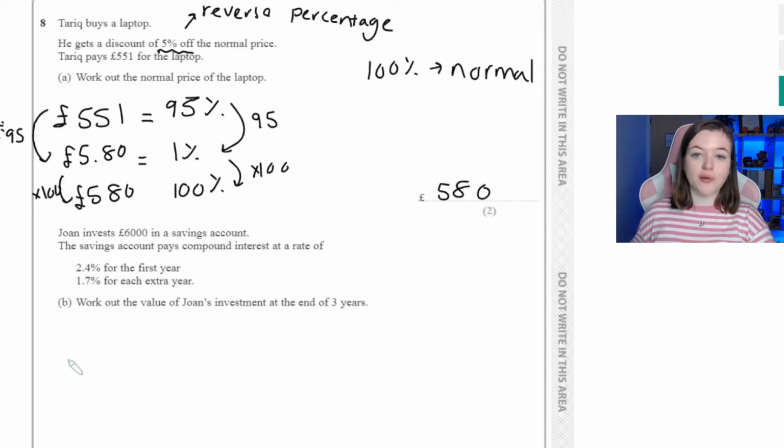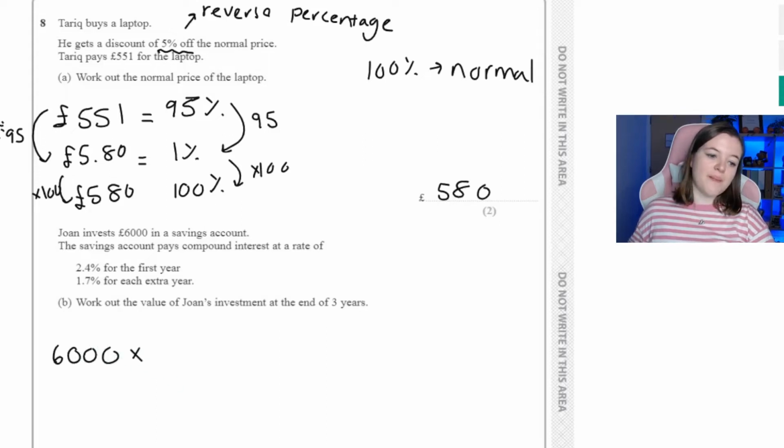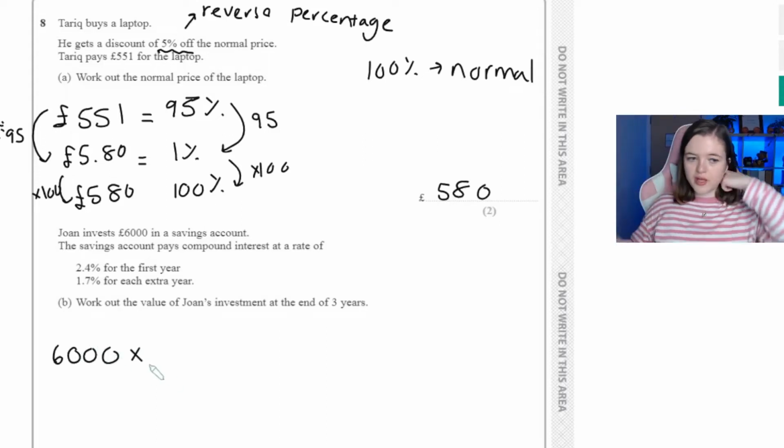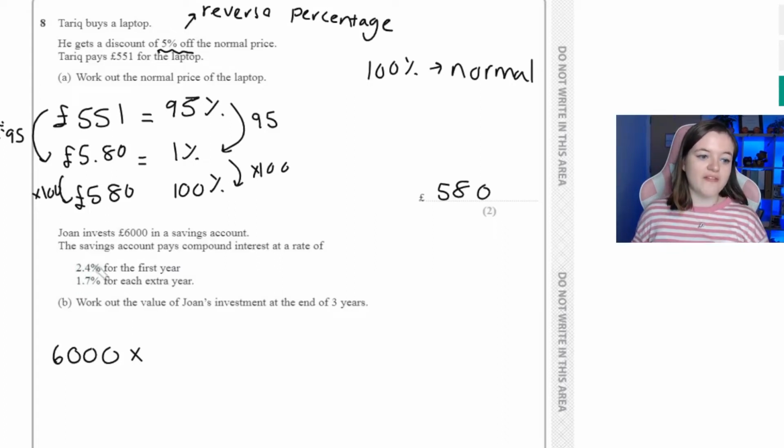You take the amount of money that they're putting into the account, in this case is £6,000, you put in the amount in, times that by the multiplier. So we take this percentage and you turn it into a decimal. To do that, you divide it by 100.